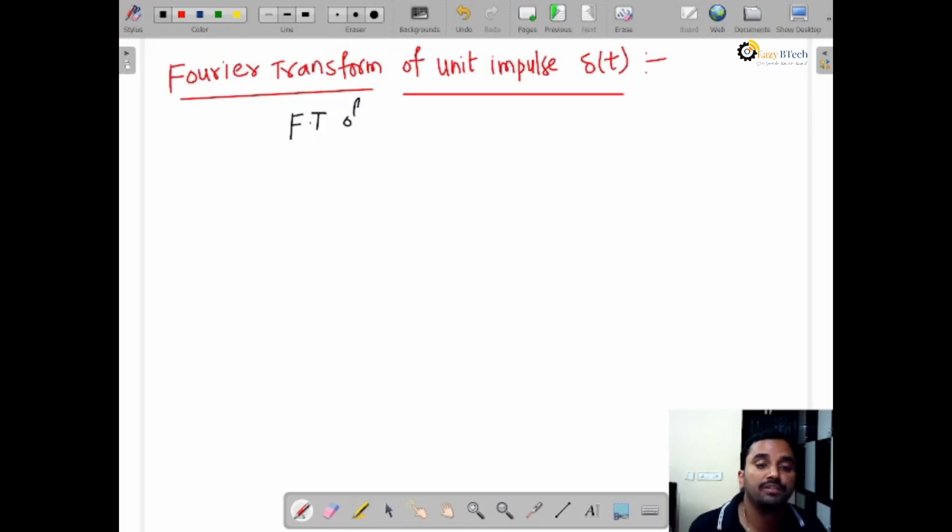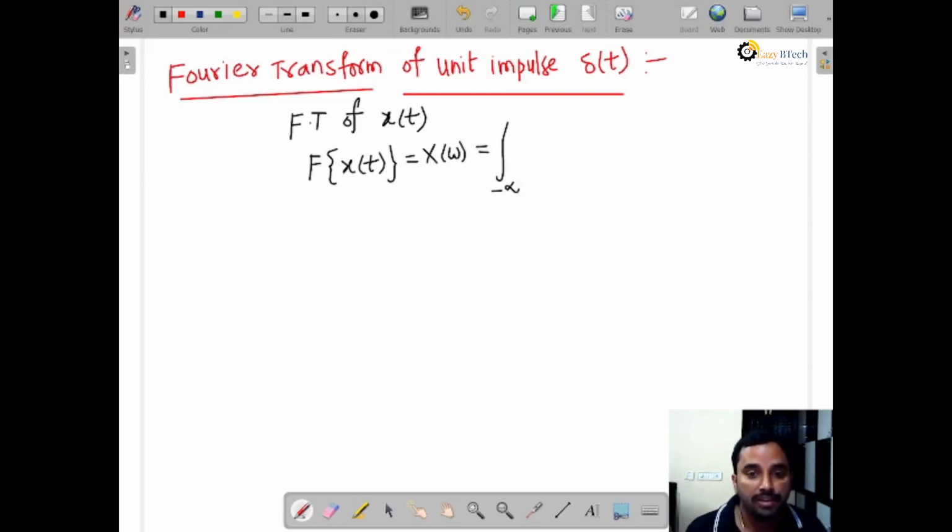Fourier transform of x of t is defined as, or we can represent like this: Fourier transform of x of t is equal to capital X of omega is equal to integral minus infinity to plus infinity x of t into e to the power minus j omega t dt.